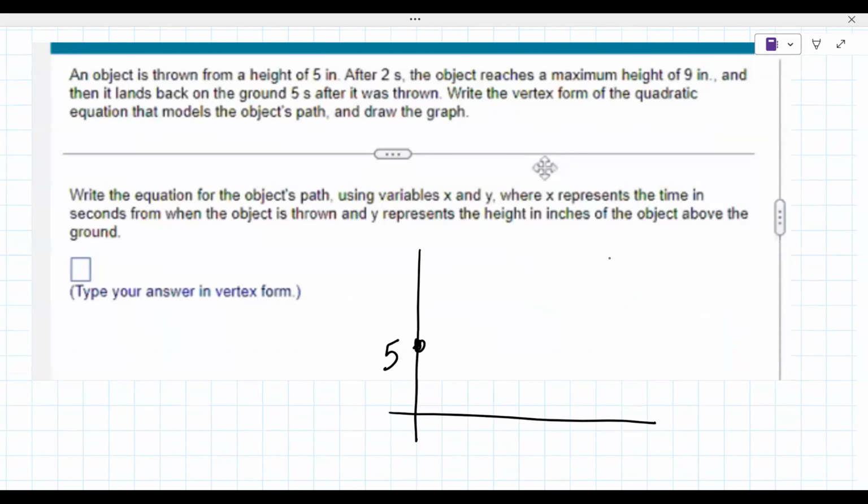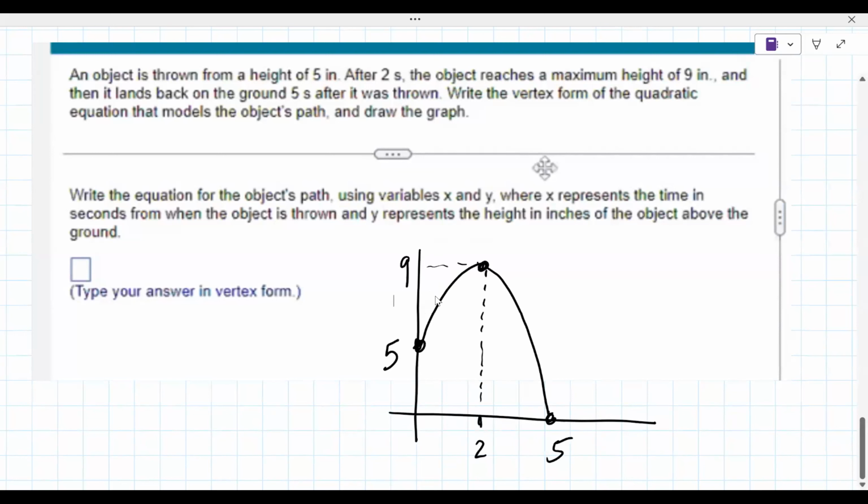It starts at a height of 5, goes up, reaches a maximum at 2 seconds, and then it hits the ground at 5. So you have to be able to draw a picture from this information. It started from a height of 5, reaches a maximum height of 9 two seconds later, hits the ground at 5. Is that okay?